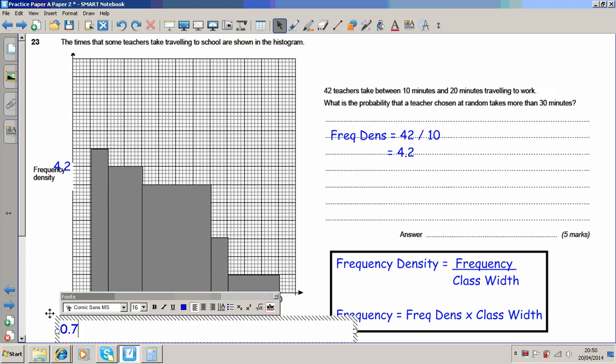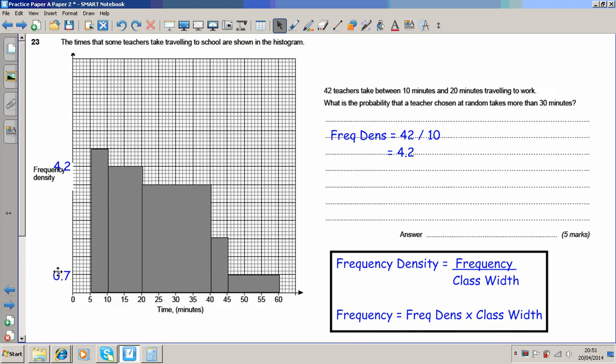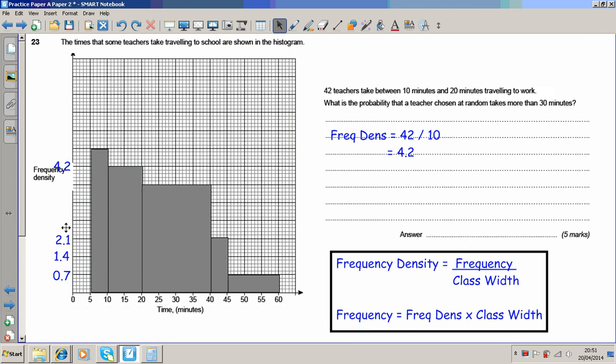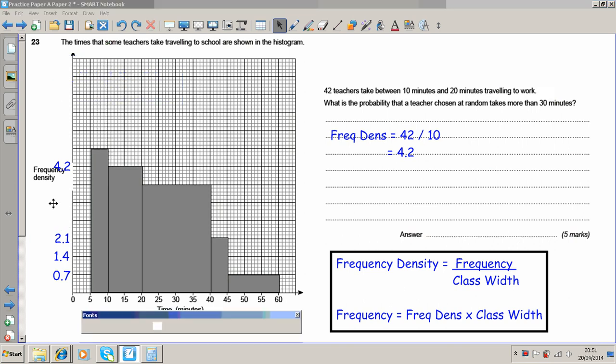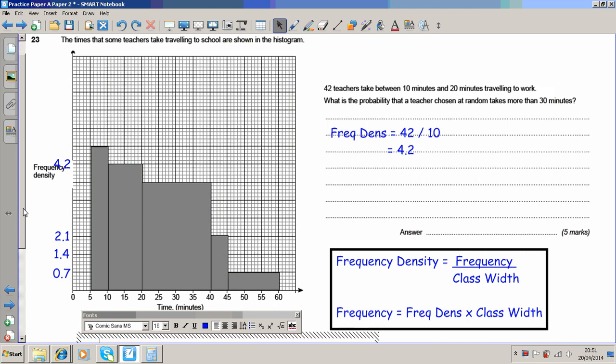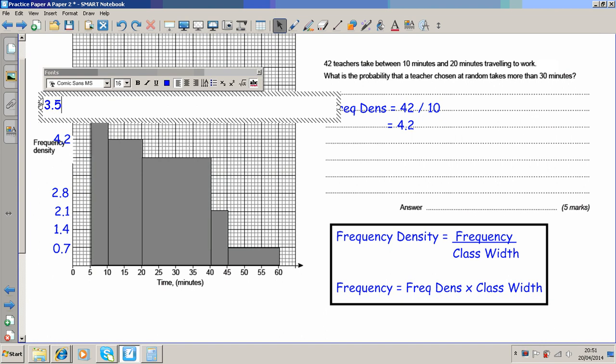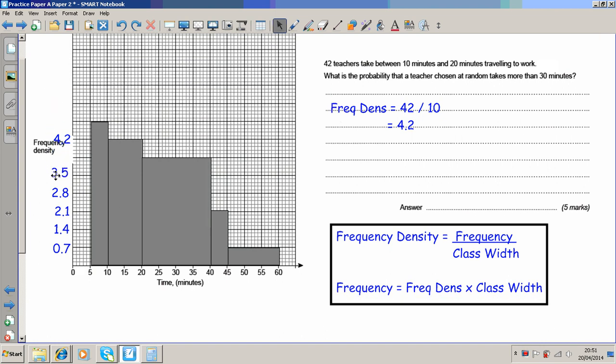So 4.2 divided by 6 is 0.7. 0.7, then we'll have 1.4, then 2.1, then 2.8, then 3.5.